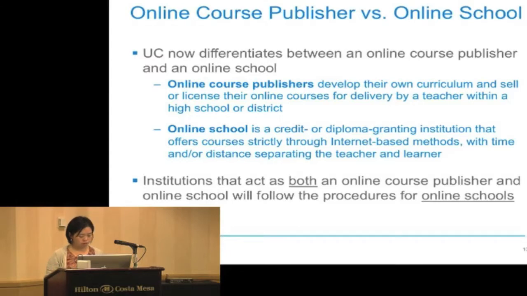That's what we referred to them as. And there are slightly different requirements for an online publisher versus an online school before they can be granted access to fill an A to G course list. But fundamentally, the 2-step process for both a publisher or a school that's online is essentially the same.